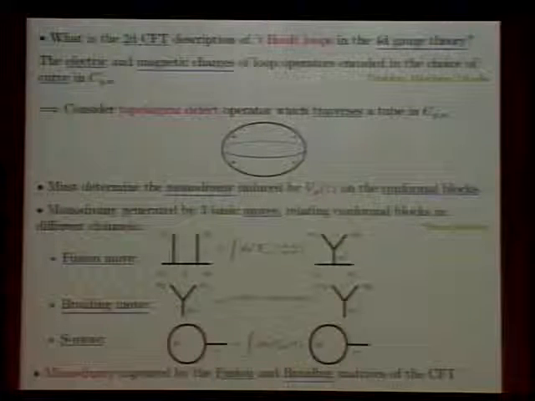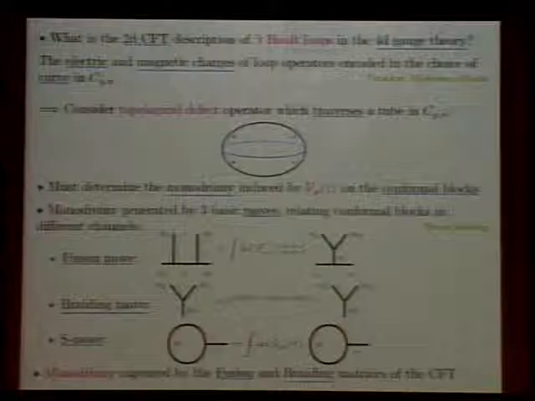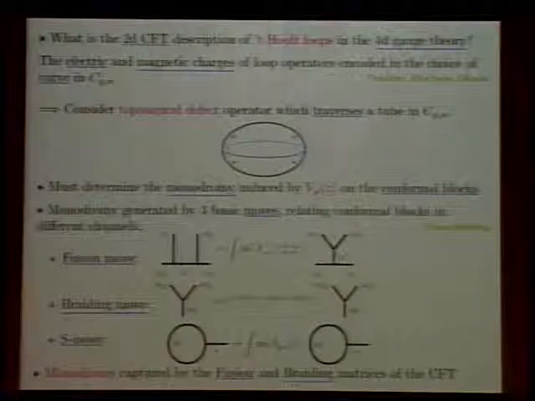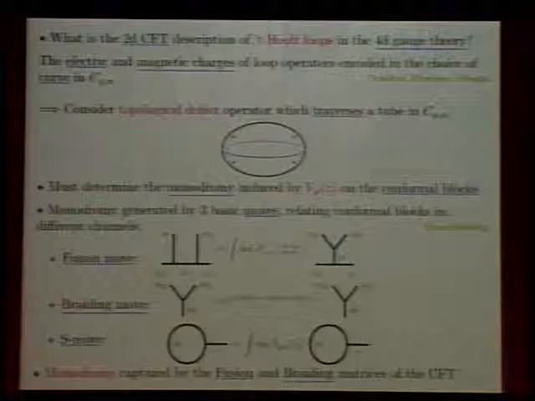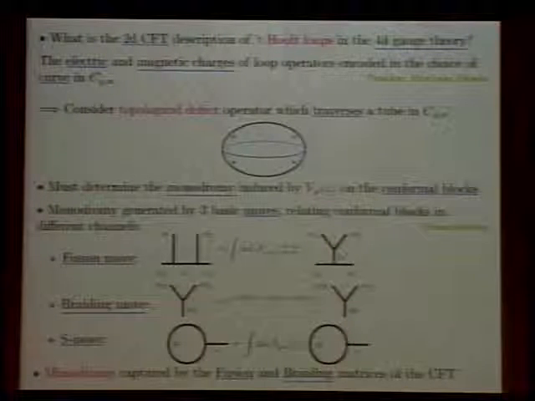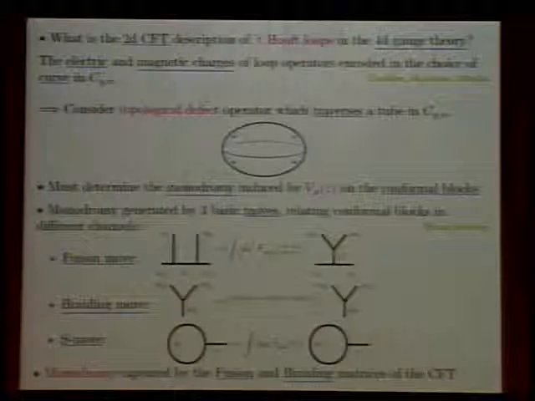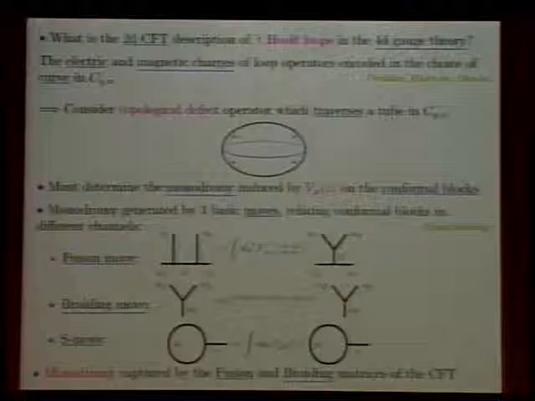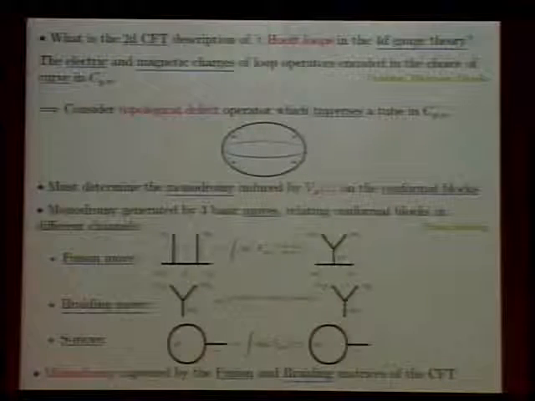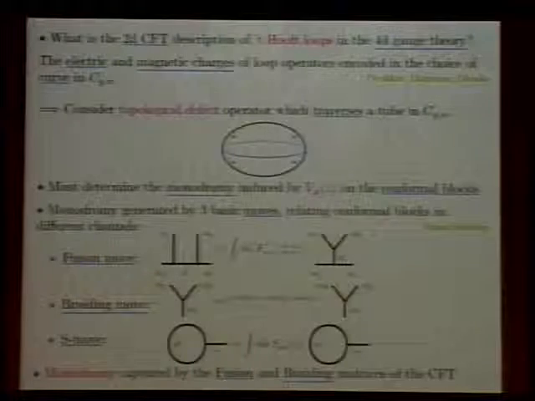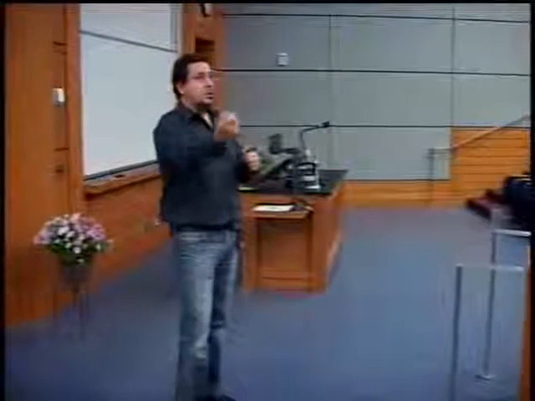So once you have a Pan decomposition, remember that I said before that the choice of Pan decomposition corresponds in the gauge theory to a choice of duality frame, or one of these corners in the cusps of the web diagram. And once you choose a Pan decomposition, whether a particular operator is electric or not depends on whether this curve wraps one of the tubes in the Pan decomposition or goes across it.